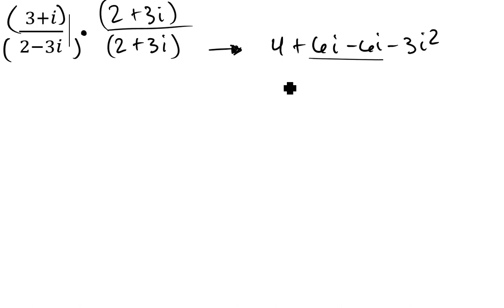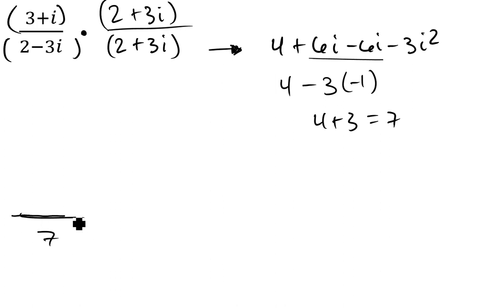So this denominator becomes 4 minus 9i squared. i squared equals -1, so this is 9 times -1. So what I'm looking at in my denominator is 4 plus 9, or the number 13. So in my answer, I'm going to have a 13 in my denominator.